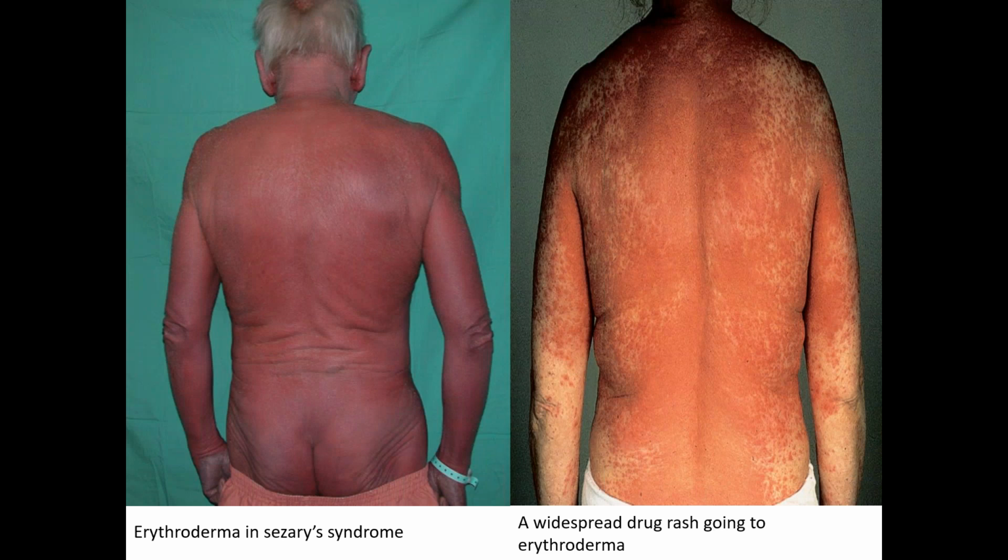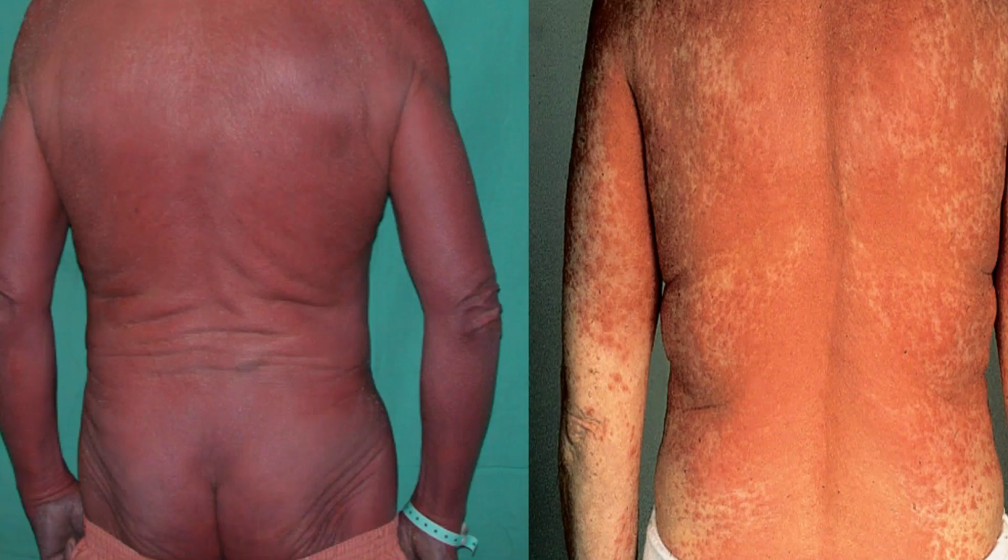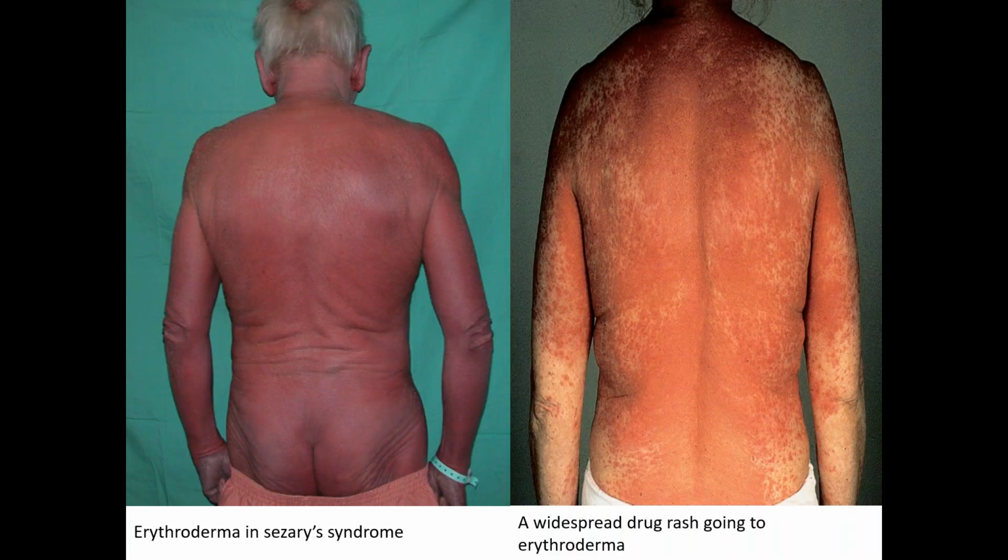So here are pictures of erythroderma. The first picture is showing erythroderma because of Sézary syndrome. This is of Sézary syndrome, and the second one is showing drug rash.